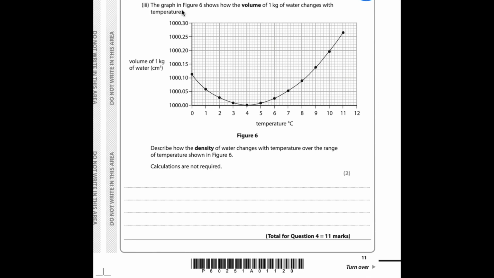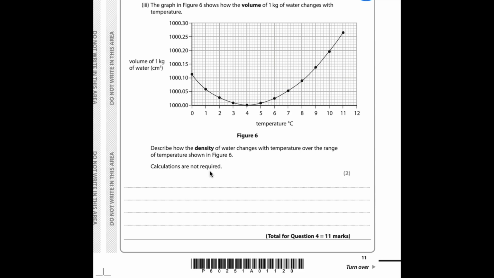Part 3. The graph in figure 6 shows how the volume of 1 kilogram of water changes with temperature. Describe how the density of water changes with temperature over the range of temperatures shown in figure 6. Calculations are not required. Okay, so we don't need to use the actual numbers.